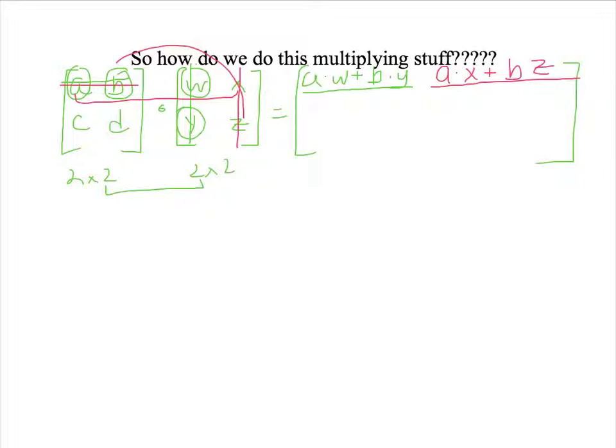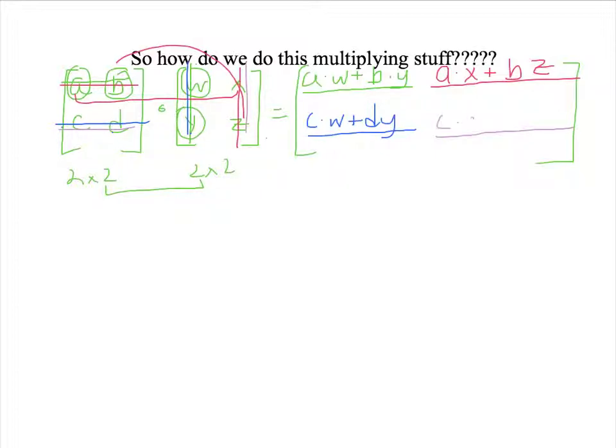Okay? Now moving on to this element here, this is in my second row, first column, so I do C times W plus D times Y. And lastly, in this fourth element, which is in the second row, second column, I do second row, second column.